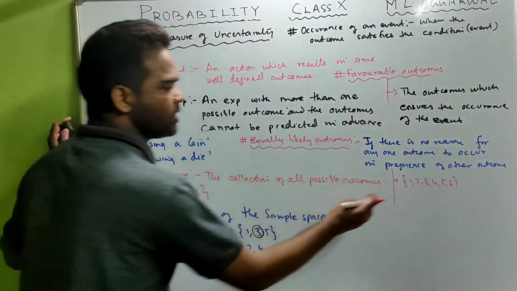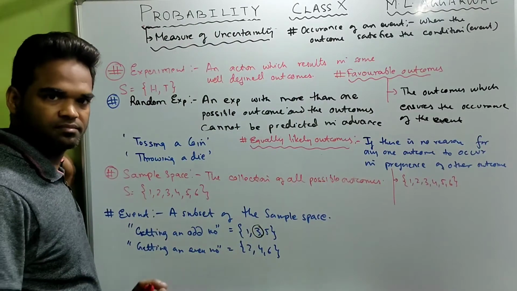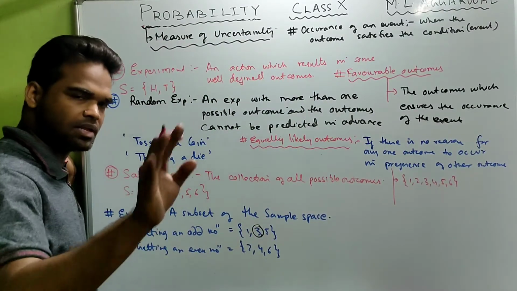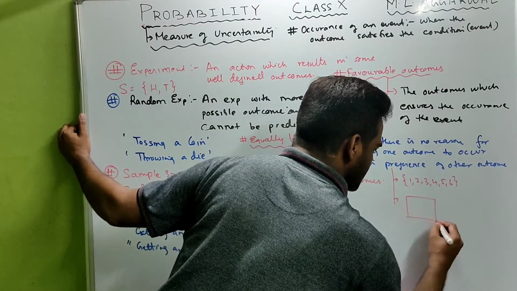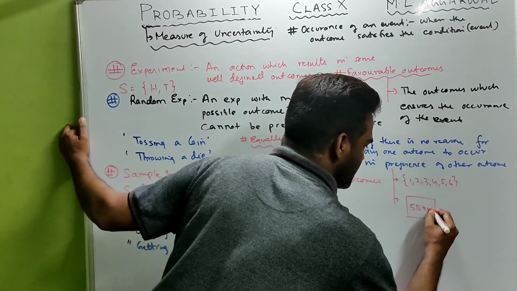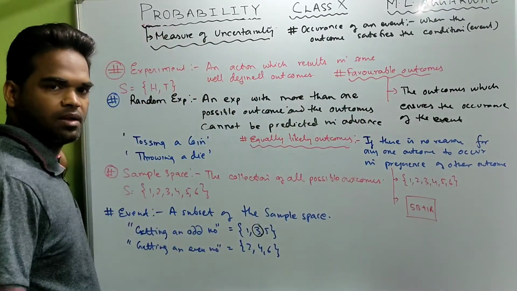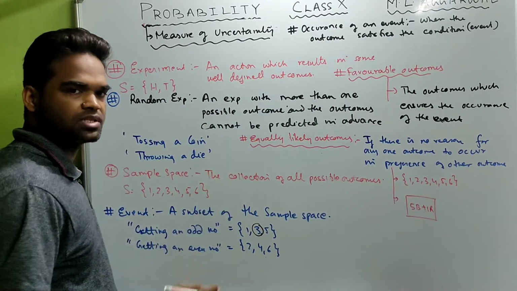The chances of appearing 1, 2, 3, 4, 5, 6 are all equal. Am I clear? But take another case. You take a bag, you put 5 blue balls and 1 red ball. Then you try to pick a ball without seeing.